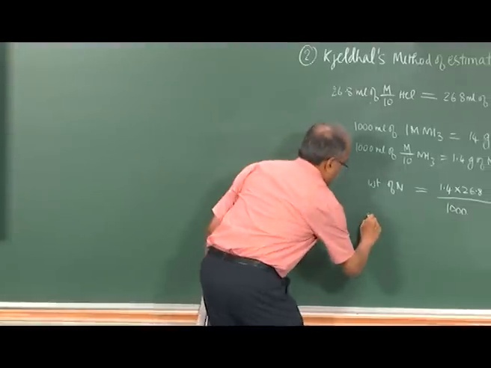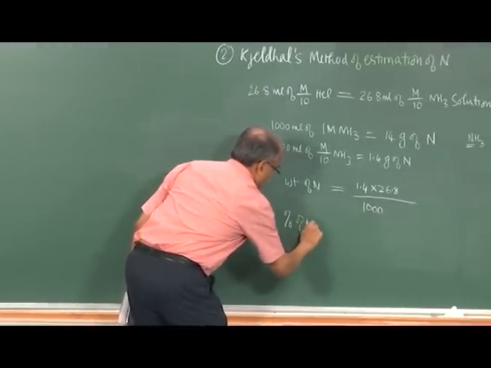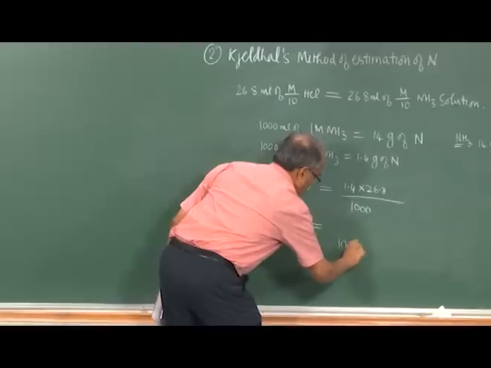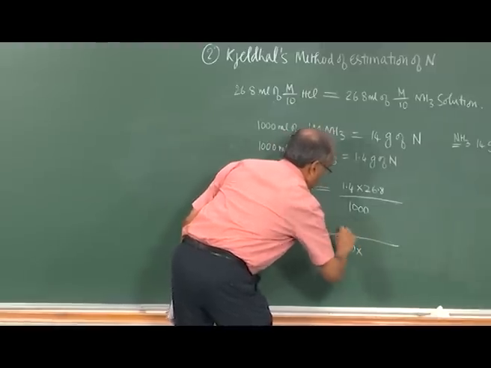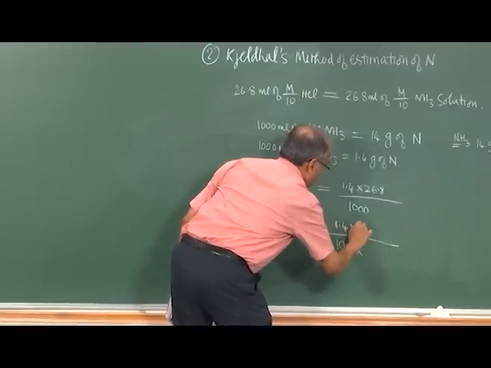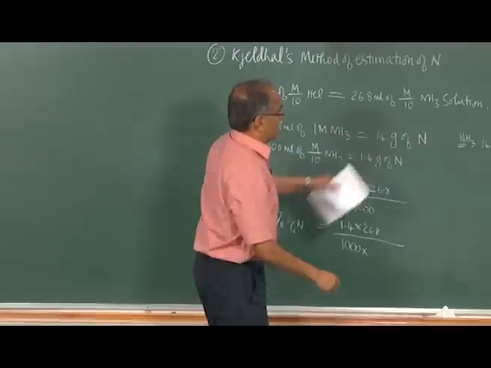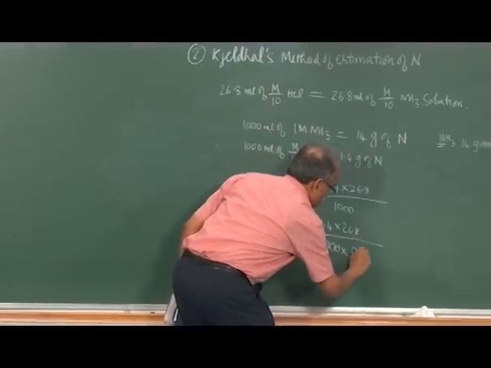So, if you want the percentage of nitrogen in the organic compound, you have to take the weight of the organic compound that is taken. The weight of the organic compound that is taken is 0.257 grams.